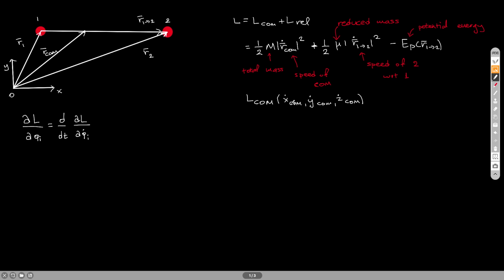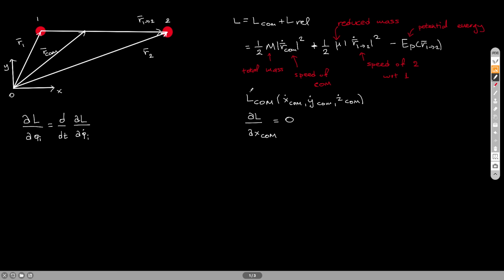Now, on the left side, if I do the partial of L, the whole Lagrangian, with respect to x of the center of mass, I will find that to be 0, because the Lagrangian of the center of mass only depends on the kinetic energy, which depends on the speed, which depends on x dot, y dot, and z dot for the center of mass.